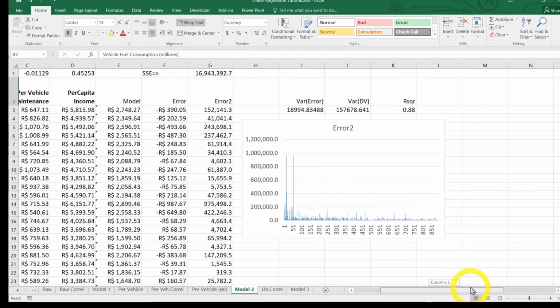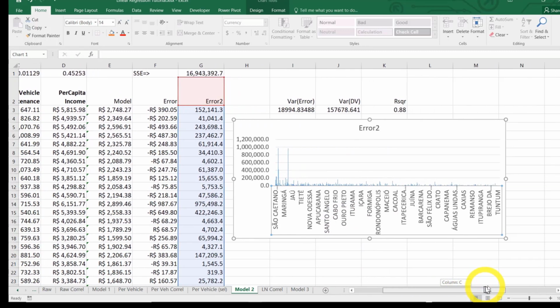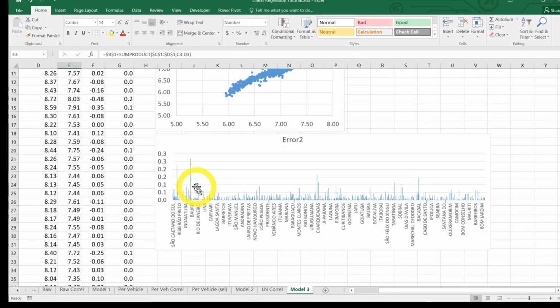So before I took logs, this is what we had. With the raw data, there is a tremendous disparity. The big cities tend to have big squared errors, while the cities with the smallest consumption have little error. While after taking the logs, the error is more evenly distributed.